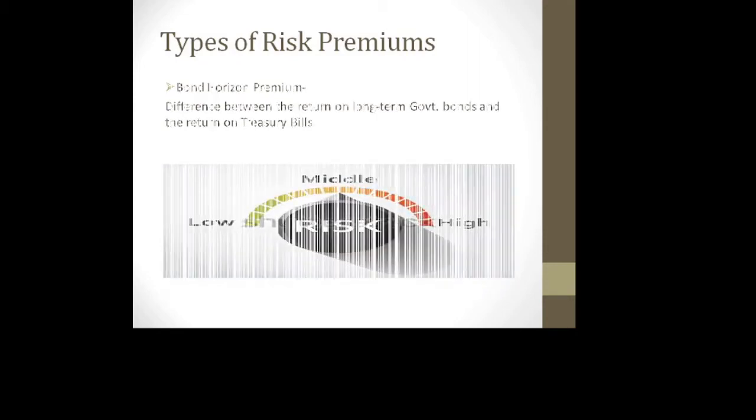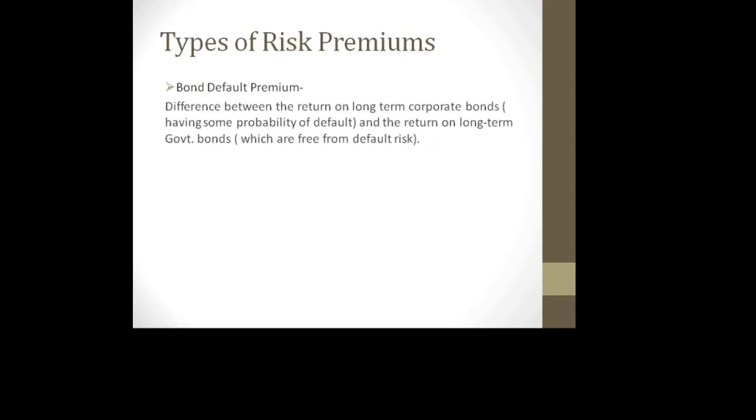Third one, the last type and a very important one, is the bond default premium. What is it? It's the difference between the return on long-term government bonds and the return on long-term corporate bonds. We all know that corporate bonds have a much higher amount of risk than a government bond.